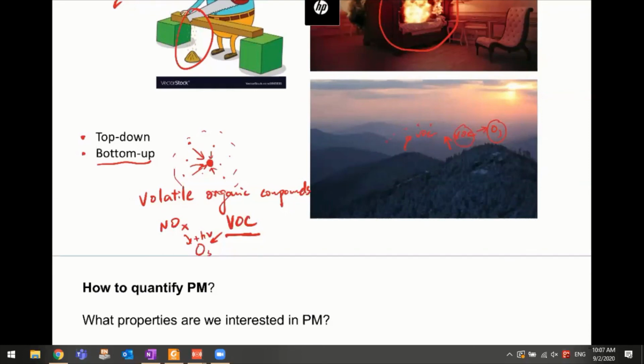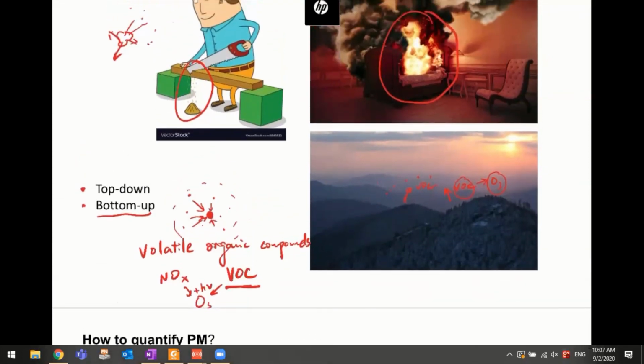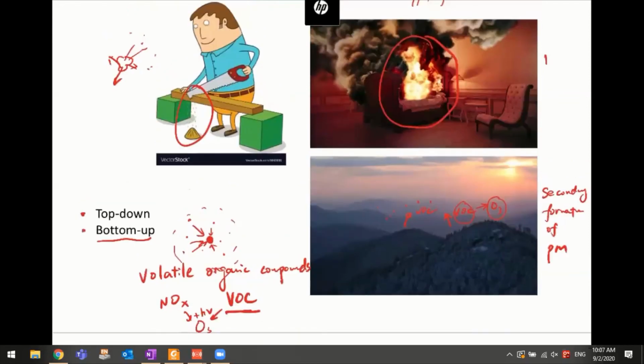Okay, so this is basically a secondary formation of the PM. So combustion is a primary or direct way.